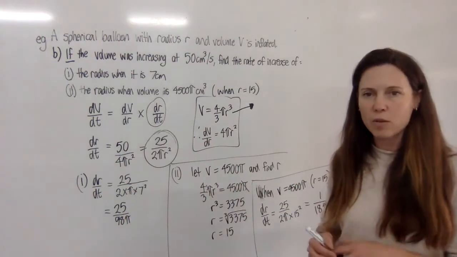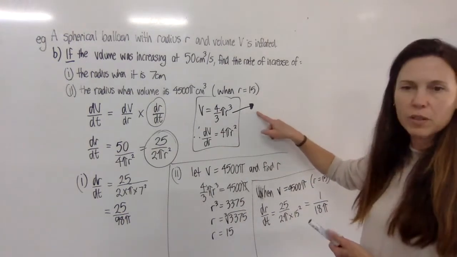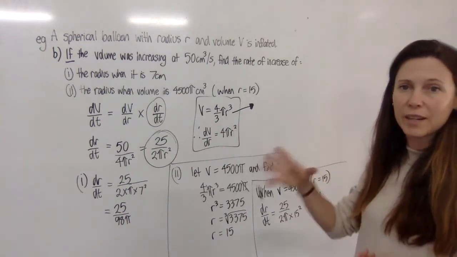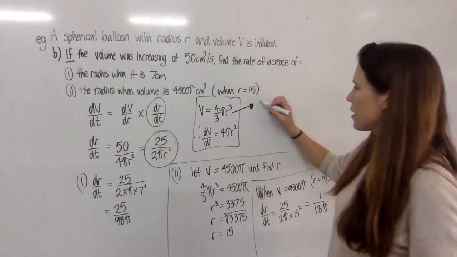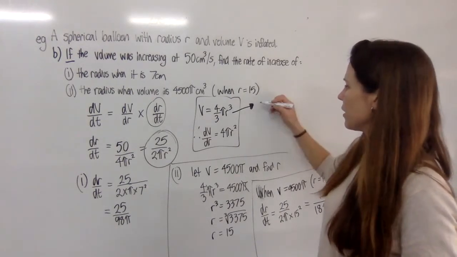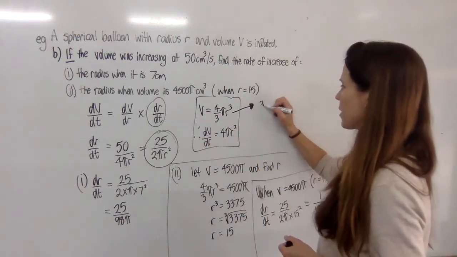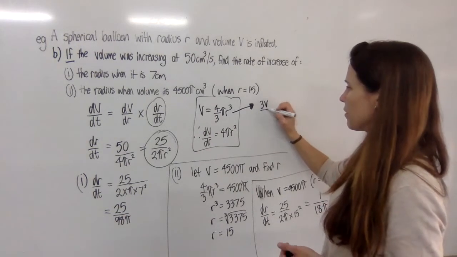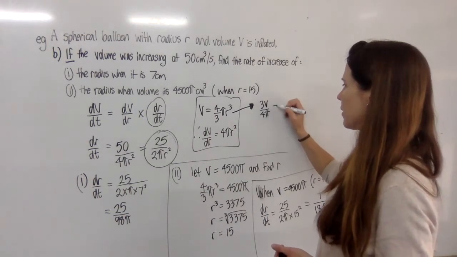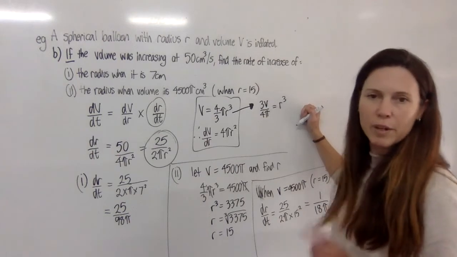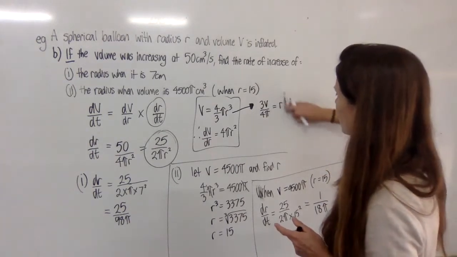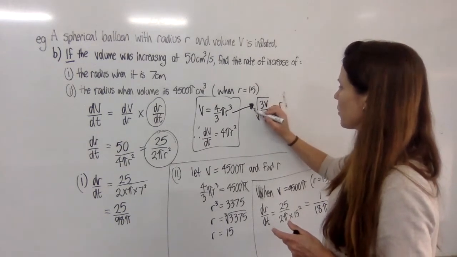Now, I mentioned that there's always another way to do it. I could have just fiddled with the volume formula first to get it in terms of r, so that then if we said, all right, let's multiply both sides by 3 here and divide by 4 pi, that gives me r cubed. But if I want r, I can actually just take the cubed root of both sides.